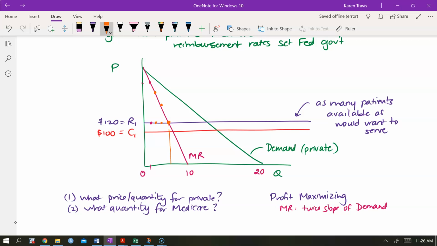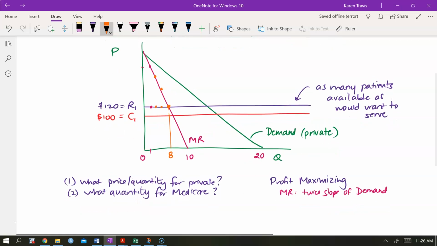So what happens is up to this point, all those private patients were better than a Medicare patient. So I'm just making up numbers here. Let's say it's 8. So when marginal revenue for private is greater than marginal revenue R1 from Medicare, which is flat, this is the same as marginal revenue, because if you've got $120 every single time, then incremental revenue is $120.